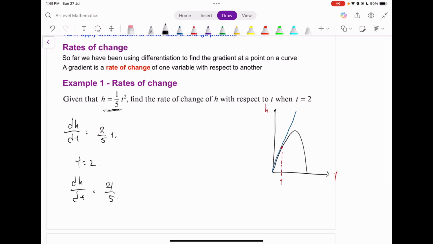Okay, but what about if t equals to, you know, 4, 或者是 t equals to 5? 我们就讲 when t equals to 5, 我们的 rate of change is different. That means I'm growing at a different speed. Okay, at this instant, I'm growing at a different speed. Okay, let's try.